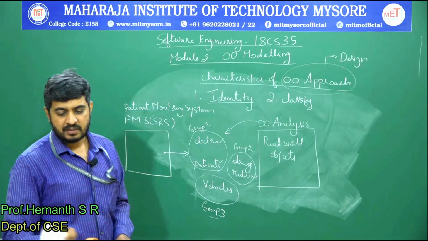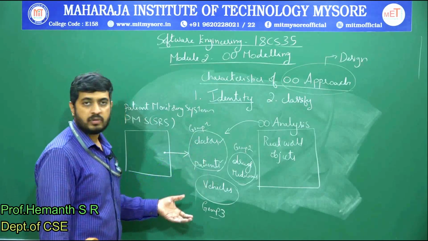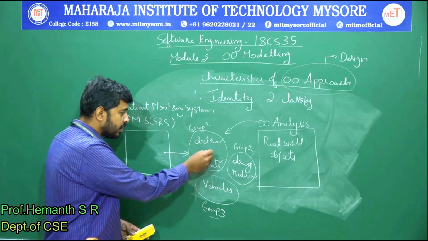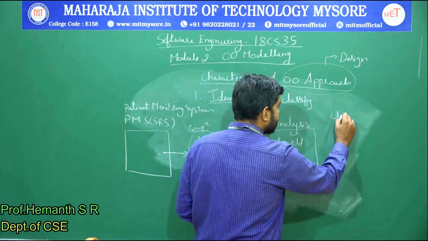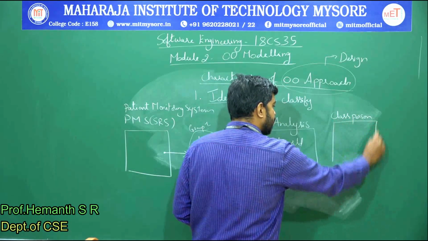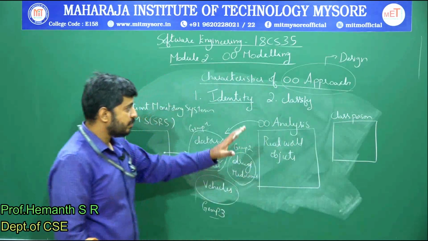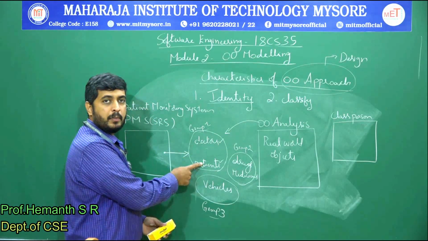Once done with the classification, the grouping, we form classes out of it. For example, for doctors and patients, we can create a class, maybe class person, because they are human beings. I can create a class by name class person, where doctors and patients can be accommodated.